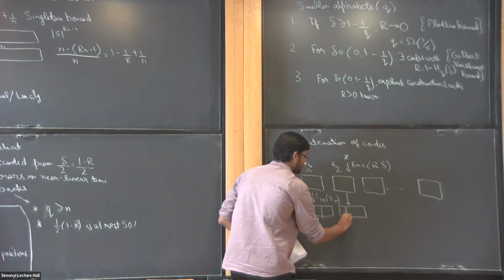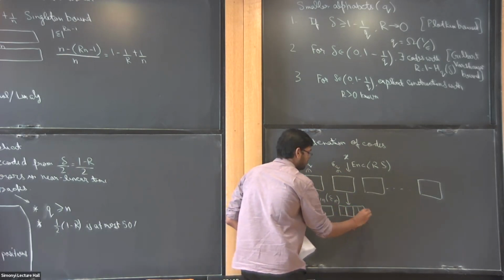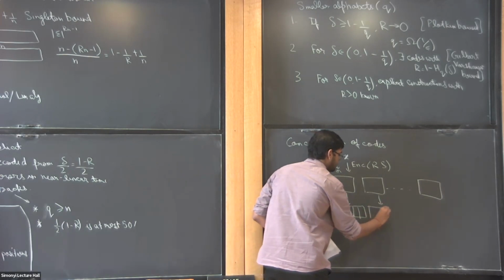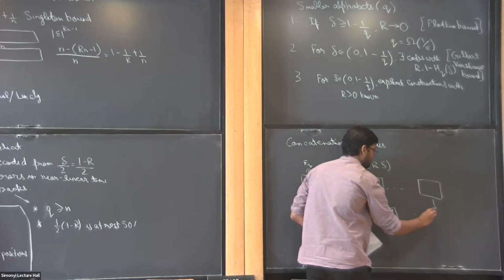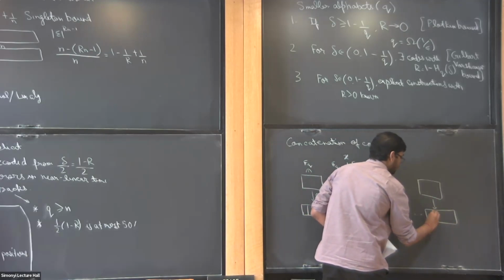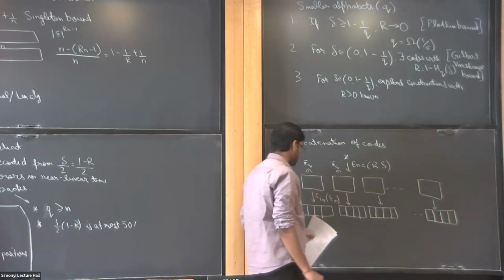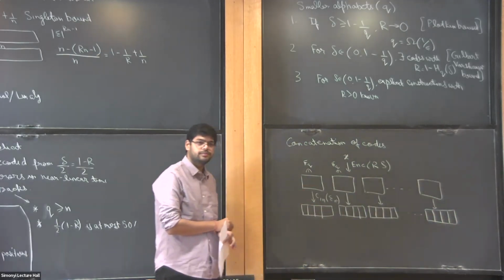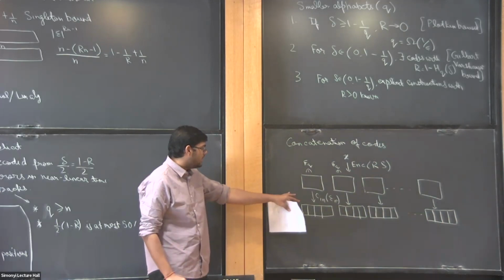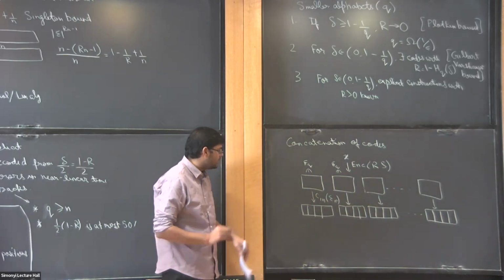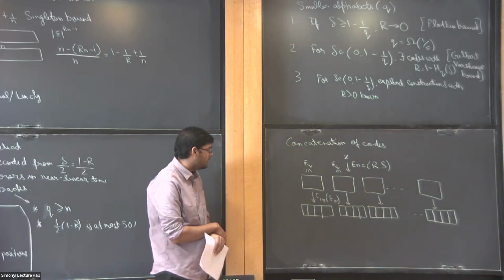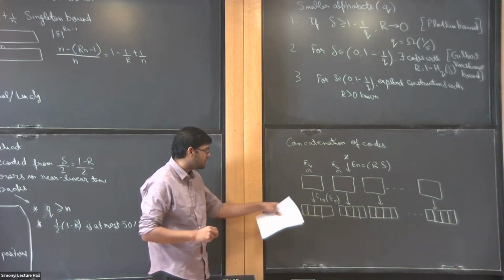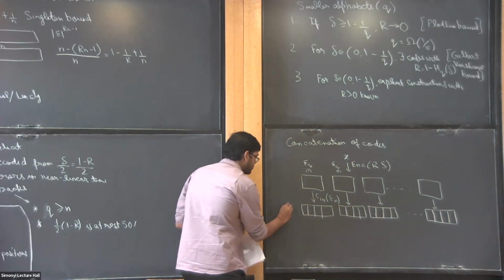Same thing we do with the second one, and so on, and then put all of them together into a single string. Well, at least alphabet-wise, because we are encoding with this inner code, which is of alphabet sigma_n, the final code also is a string over sigma_n.